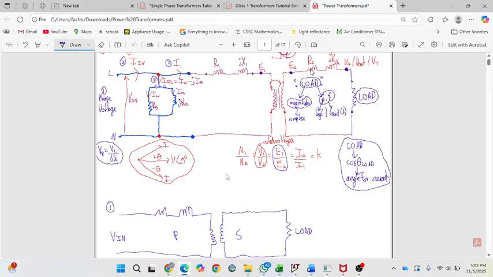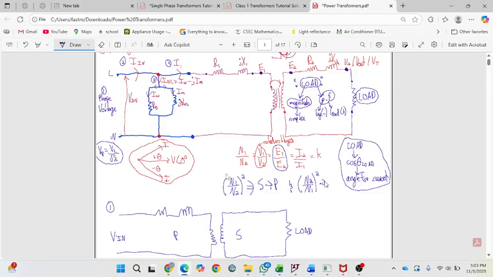It's really simple. The trick is you have something called your turns ratio factor. If you're going from the secondary to the primary, the ratio is N1 on N2, squared. And if you're going from the primary to the secondary, it'll be N2 on N1, squared.